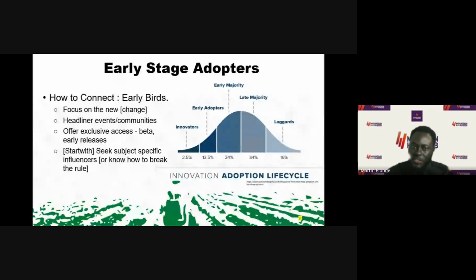There is a disparity there, that disconnect between who your users are and who the early adopters would seem to be.